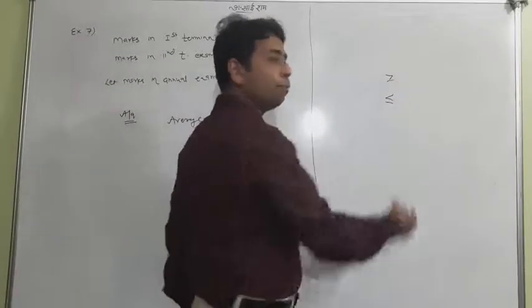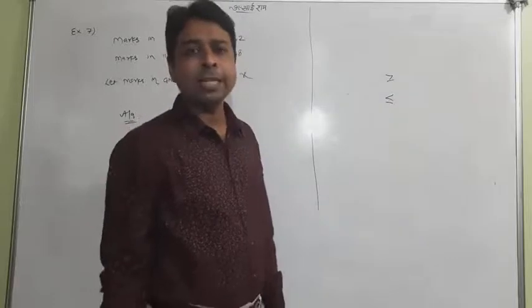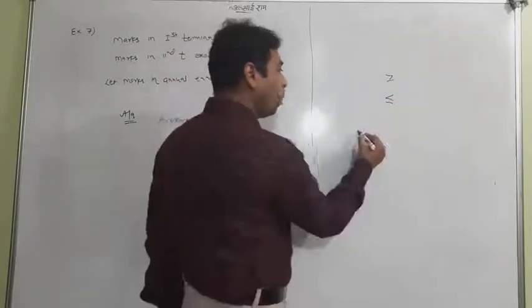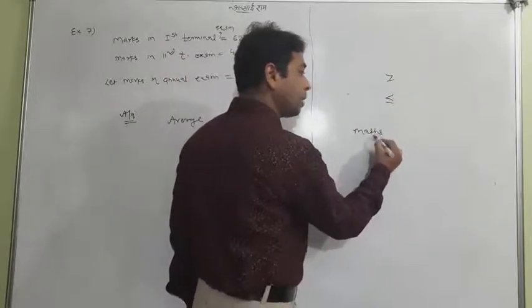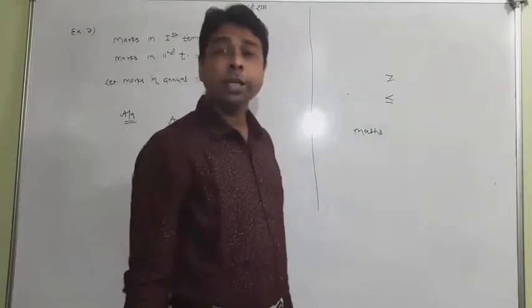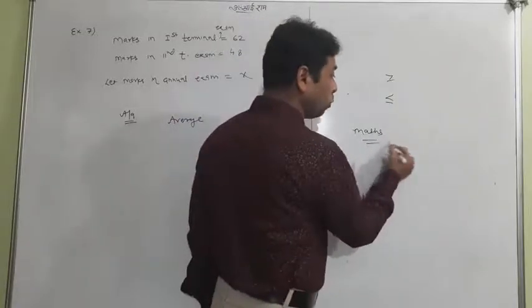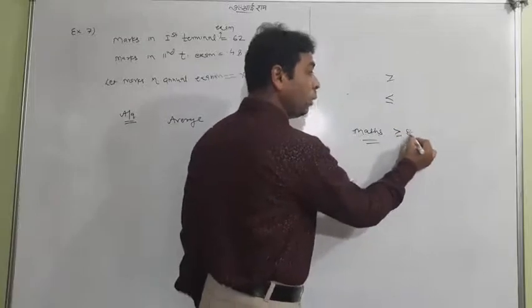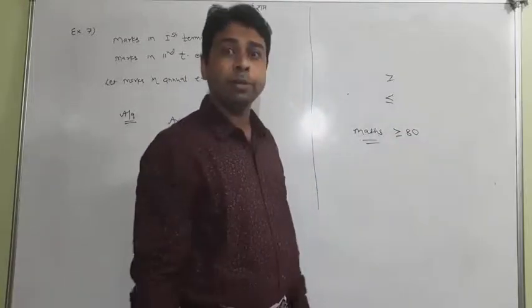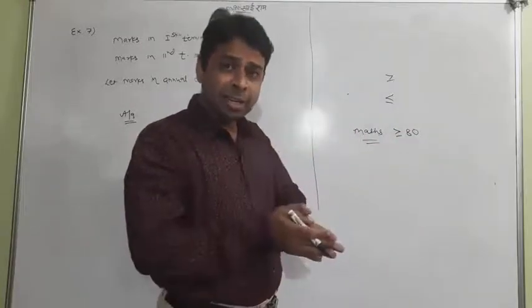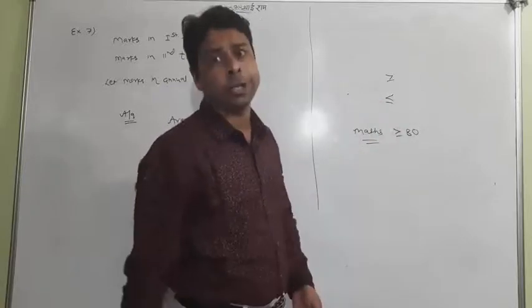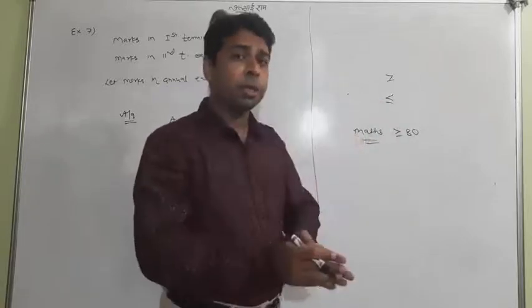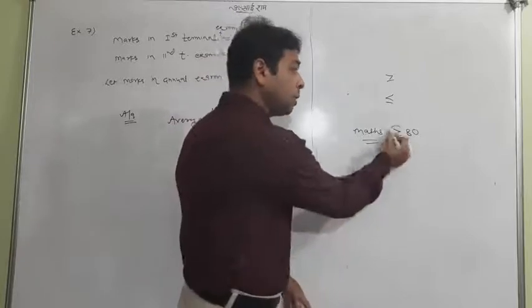If I say you have to obtain at least 80 marks in maths, its meaning is that your marks should be greater than or equal to 80, meaning at least 80 and maybe more than 80. So you just have to remember, at least follows this symbol.